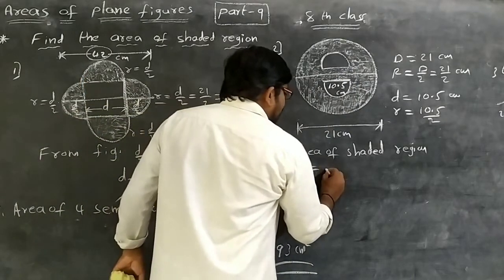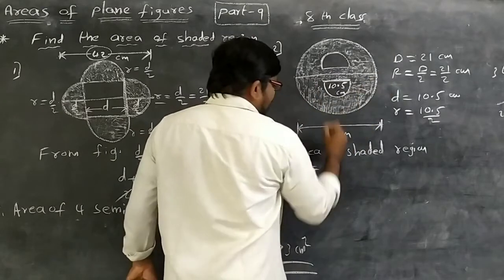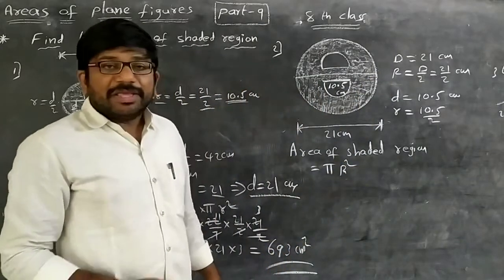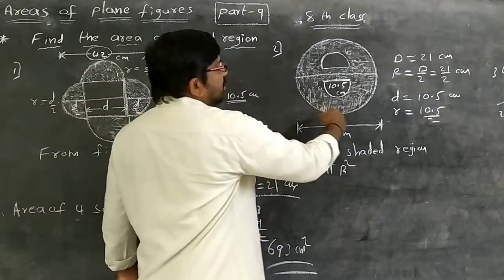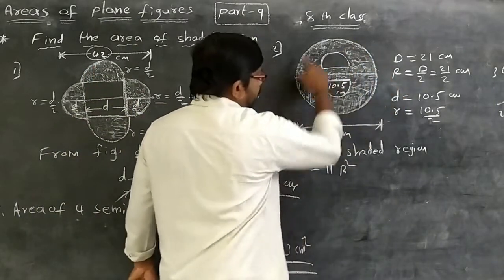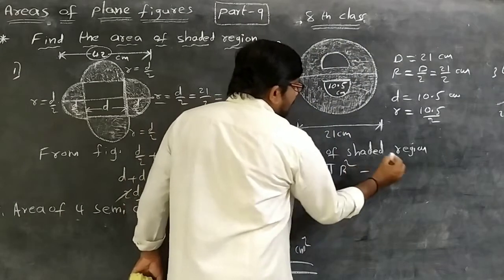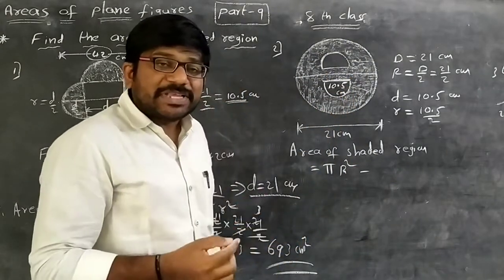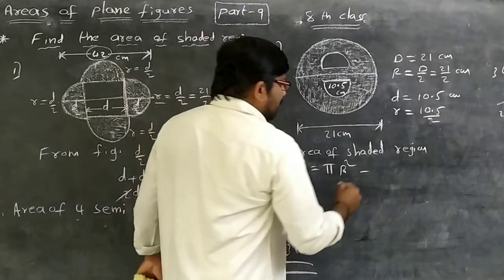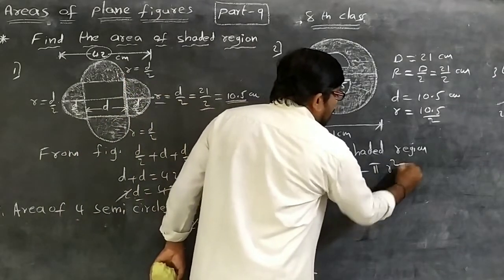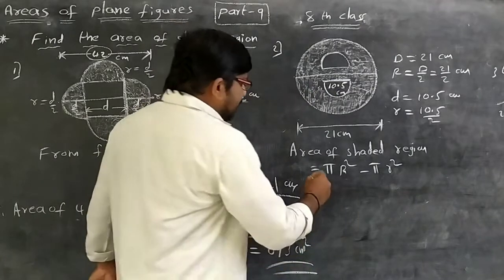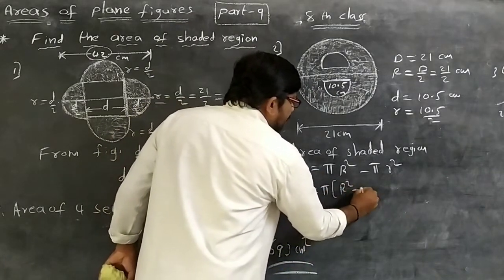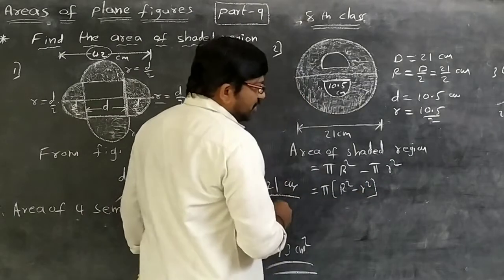Area of a large circle means pi capital R square. Area of a circle is pi r square. Here the large circle radius is capital R. So we use pi capital R square minus the area of two semicircles. Two semicircles give one circle, that is pi small r square, right? So in this, take pi common: pi into R square minus r square, right?